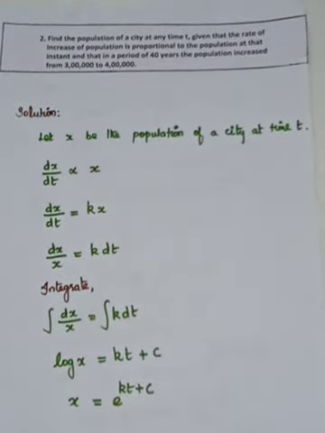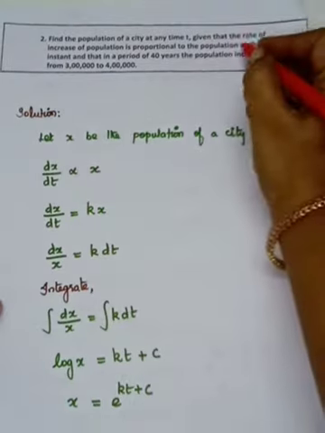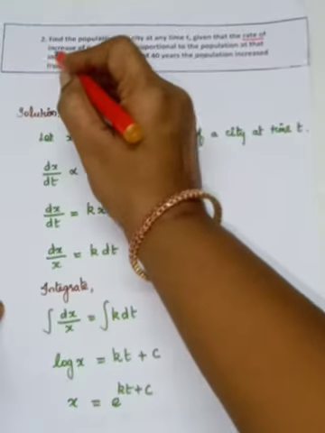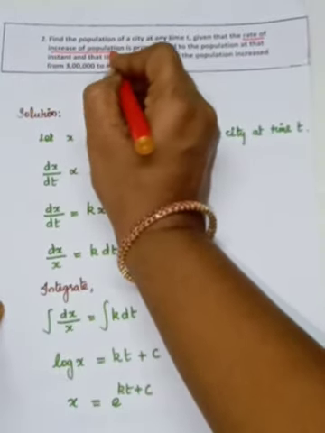So you have to find the population of a city at any time t. Given that the rate of increase, which word is important? The rate of increase of population.